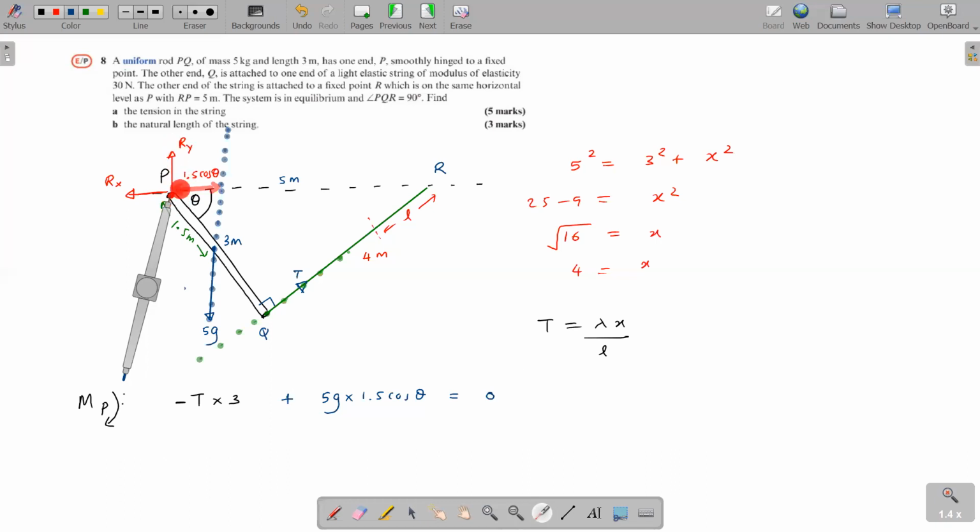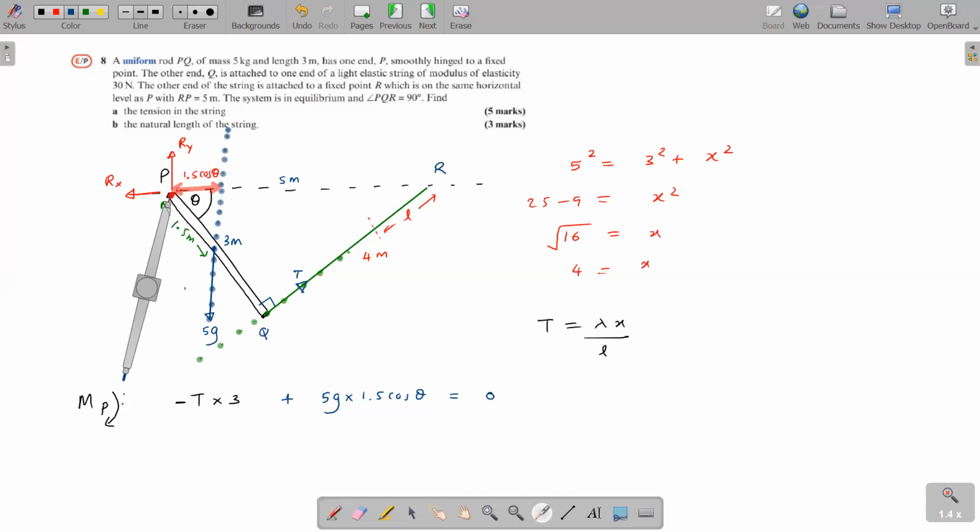When a force passes through the point you're considering moments about, that force will not give you a moment. That is the whole reason why I took point P to take the moment, because then Rx, Ry will not make any effect.